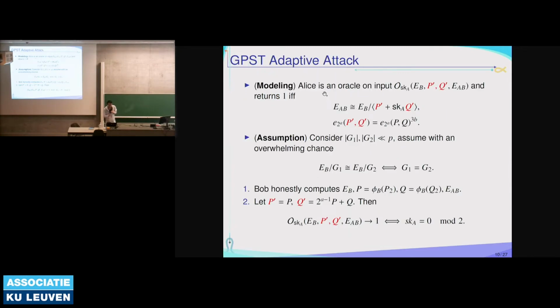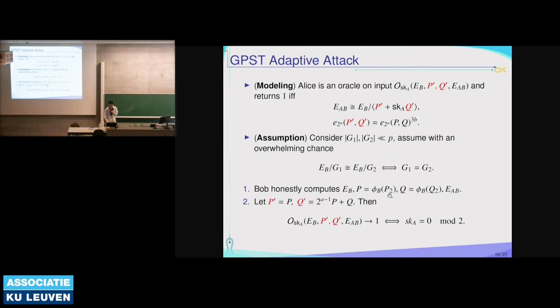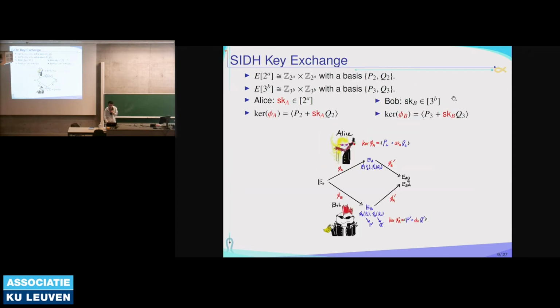So what will we actually do? We say Alice is the victim of this adaptive attack. We say Alice is an oracle on input E_B, P', Q'. These three, E_B, P', and Q', correspond to Bob's public key here. And then E_AB is the curve given by Bob.